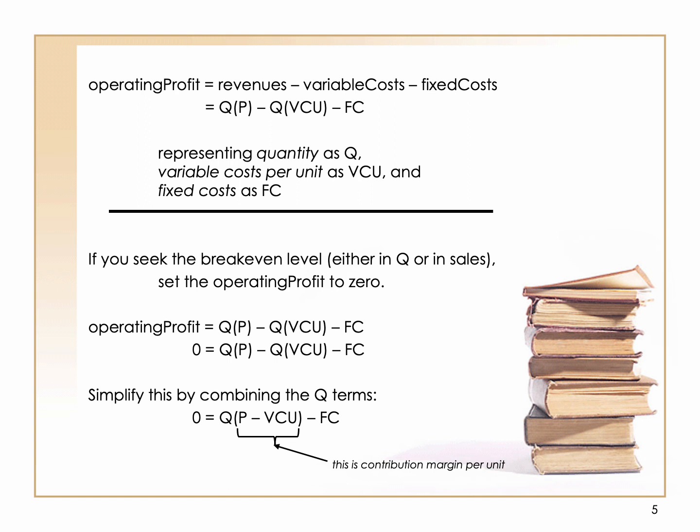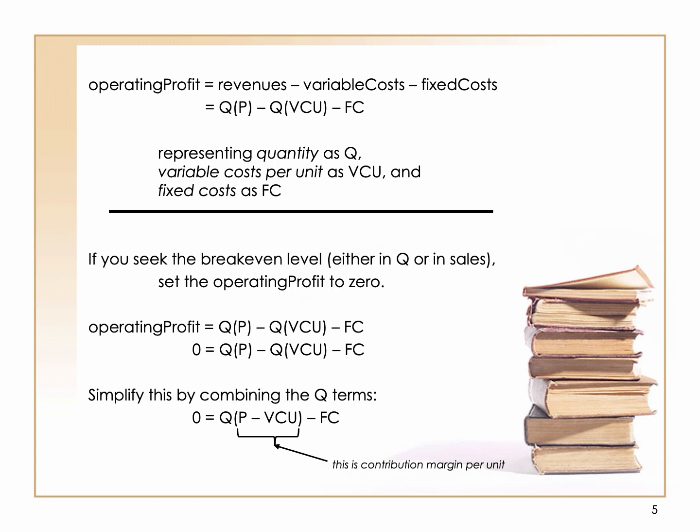If you're looking for the break-even level, either in Q or in sales, quantity or sales, then we're going to take that operating profit formula and set operating profit equal to 0. So operating profit equals Q times P minus Q times VCU minus fixed cost, and that becomes 0. Then we can combine the Q terms.